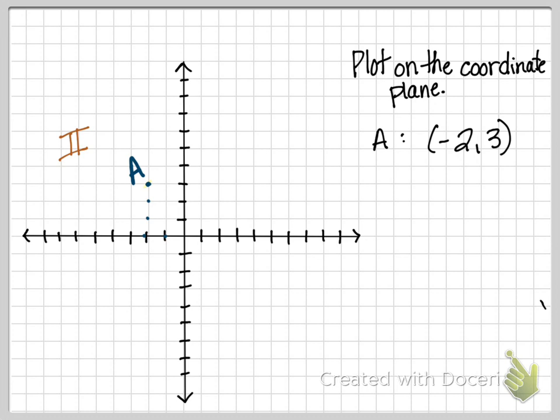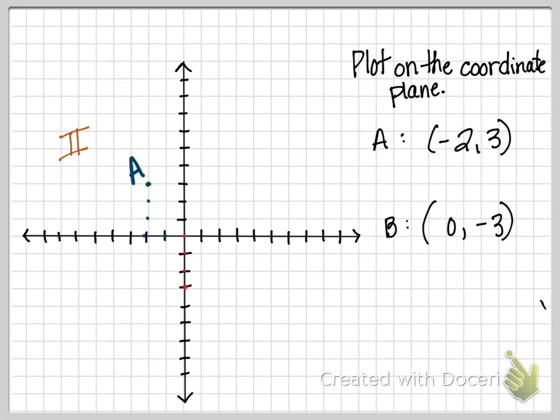All right, let's do another one. Point B, (0, -3). Now this should look familiar because we just did this exact point on the last example. But for point B, we move 0 units horizontally. So we're not moving left or right at all because the x-coordinate is 0. And then we're going down 3 because it's a -3.